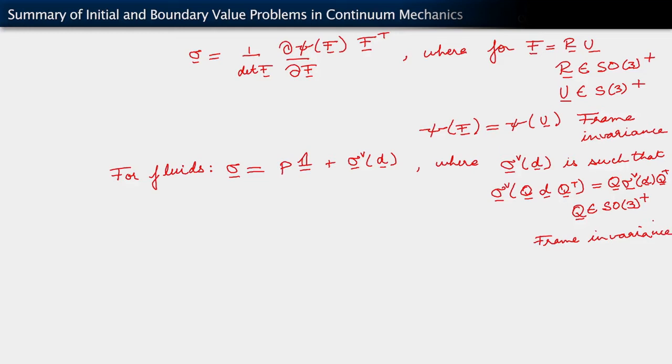Okay, so those are the constitutive relations, and I should probably state that here. So this is a constitutive relation, and so is this.